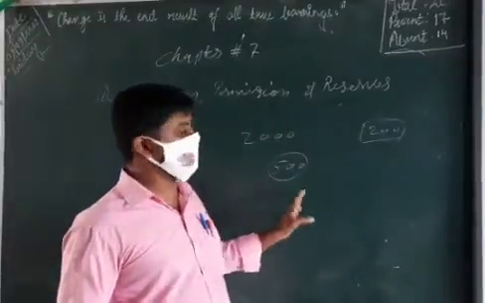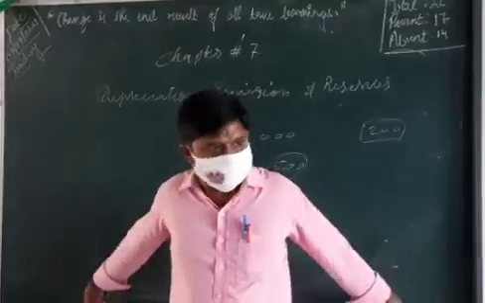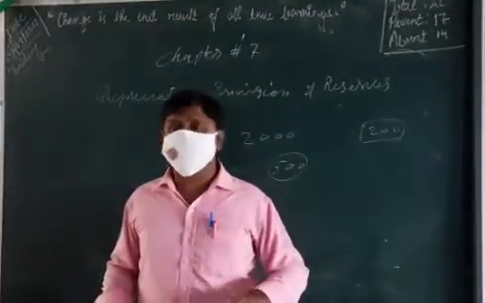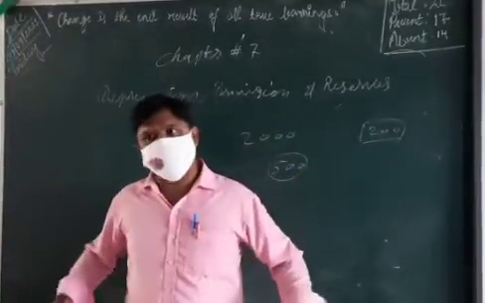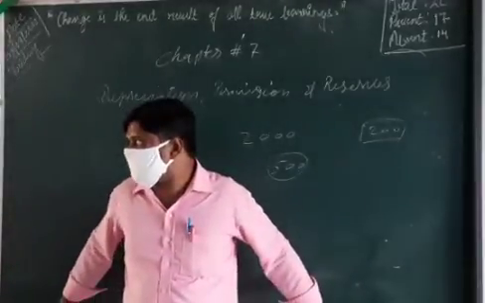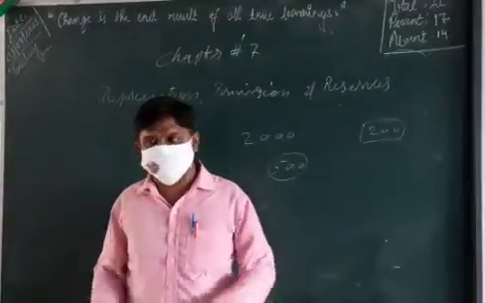For example, this blackboard, we know that its usage is the same. Its usage is not going to increase or decrease in coming years or past years. Whatever purpose we put this board to, the same benefit we get in the coming years also, or in the past years.